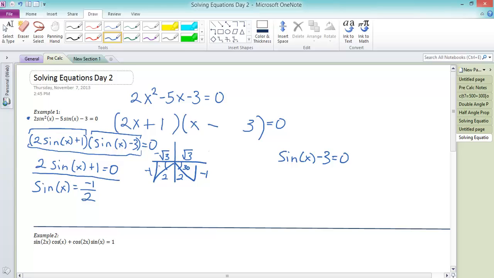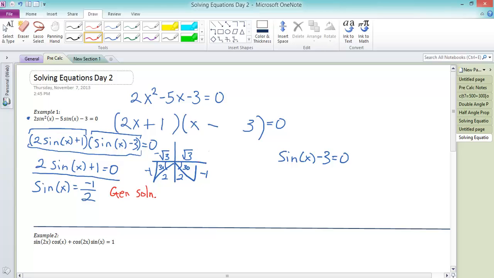So I'm given two triangles, each with a 30-degree reference angle. Actually, no, I won't redraw those. But in order to give a general solution for this problem, I'm going to do my general solution in red. Gen soln, my abbreviation for general solution.